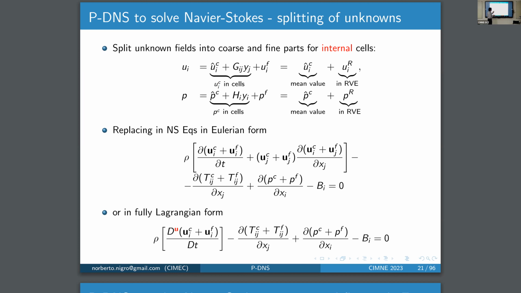In internal cells, we use a coarse mean value solution, and the rest in the RBE. The rest means, for example, the fine solution, and also the contribution of a gradient, because the gradient is a bridge between the coarse and the fine mesh. The gradient is the input to the RBE problem to identify which condition applies, in order to detect which kind or amount of turbulence is happening.